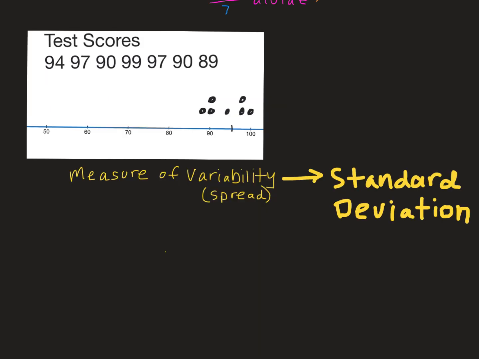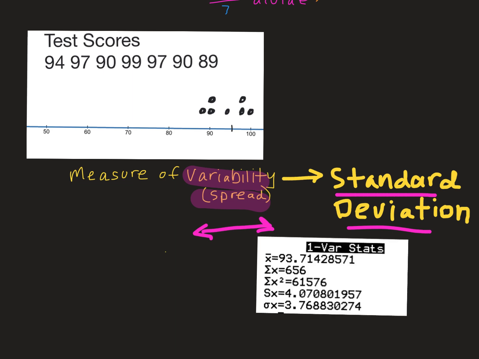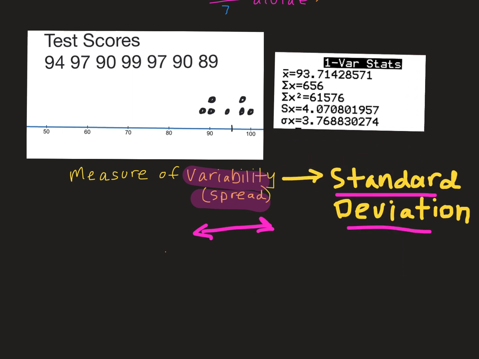Then recall from previous classes that if we want to measure our variability, and remember, variability means how spread out is your data, then in that case, we would use the standard deviation. And remember that we're not going to calculate the standard deviation by hand because it is a lot of steps.